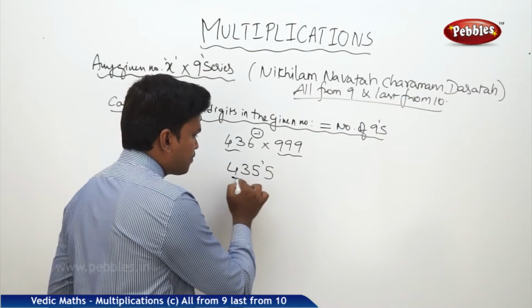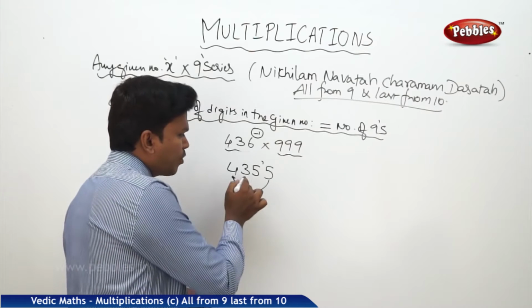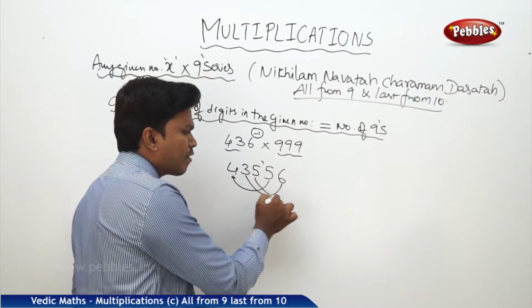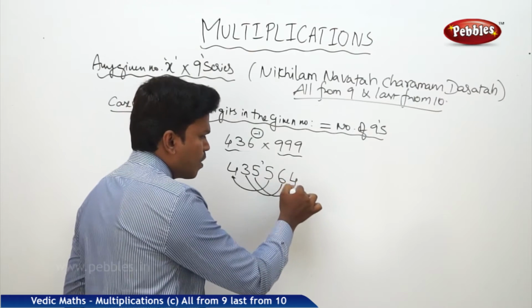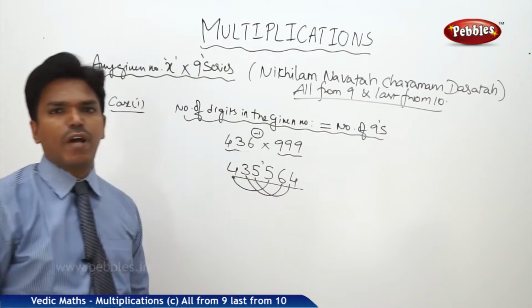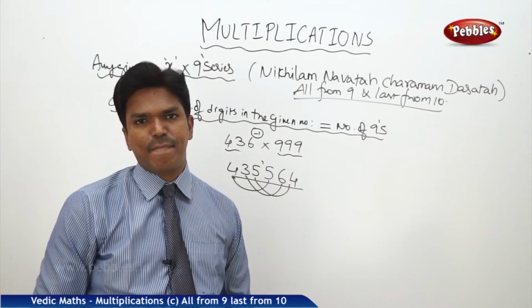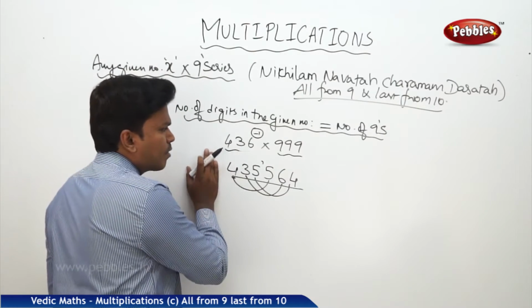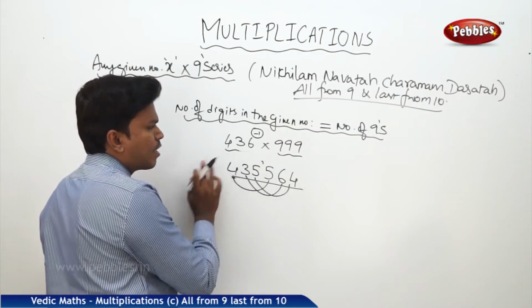Write 5 here. For 3 to make it 9, 6. And finally for 5, it is 4. So my answer is 435564.